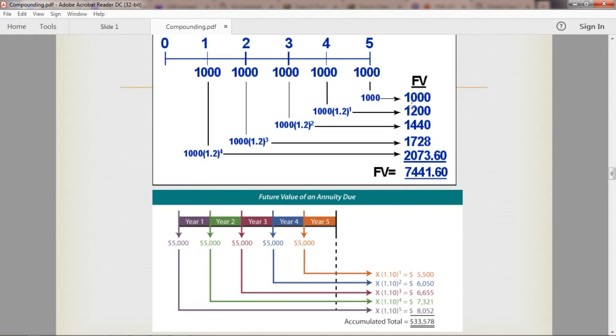And I said payment or deposit because deposit and payment are two sides of the same coin, right? Think about it. Suppose you borrowed money, like a loan, right?